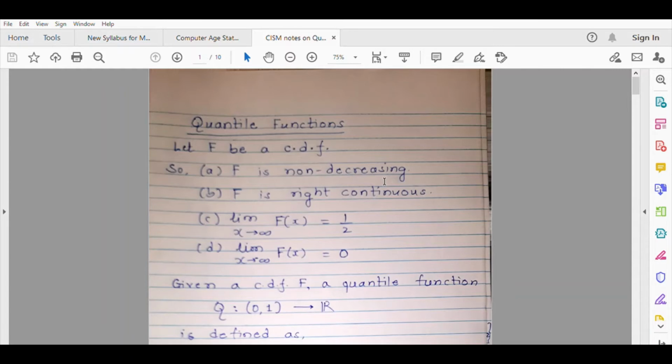Using this fact, if we generate a random number from the interval 0 to 1, then that number can be treated as an observed value of the CDF F, and by inverting that F, we can go back to the observation x for which F(x) will be equal to the value which you have generated. This procedure is called inverse transformation. It is very familiar, you have used it several times.